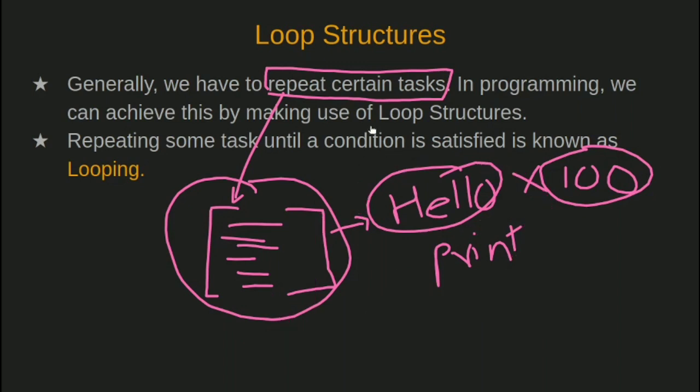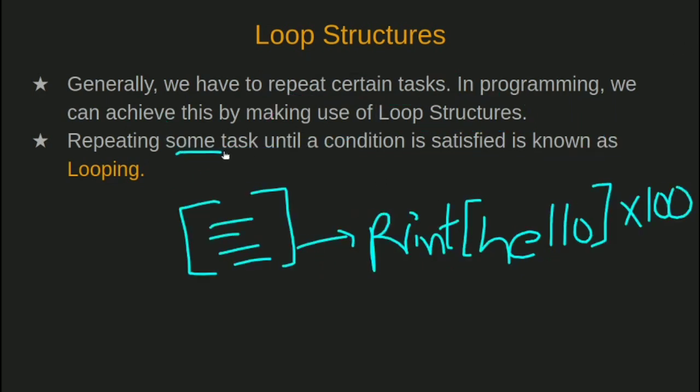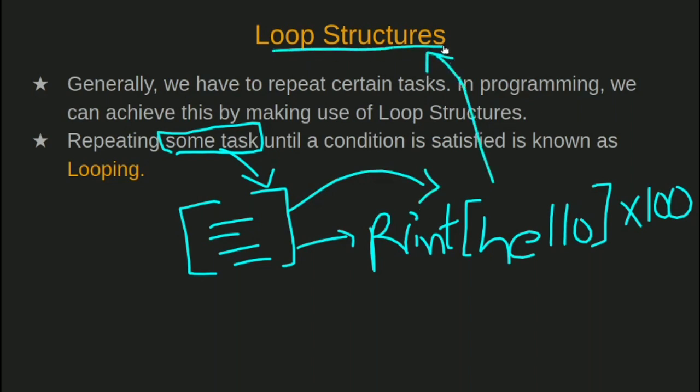Instead of this, you can make use of loop structures in order to achieve the same task, which in this case is to print hello 100 times. Now repeating some tasks, by making use of something known as a loop structure, gets carried out continuously until a condition is satisfied.